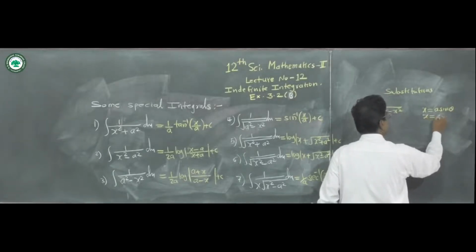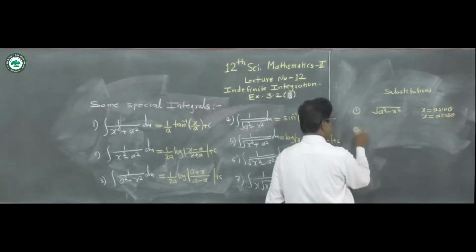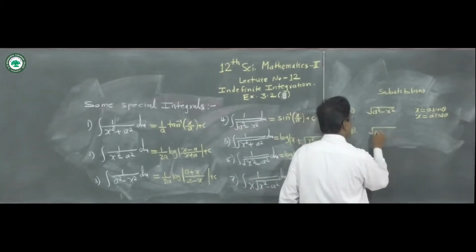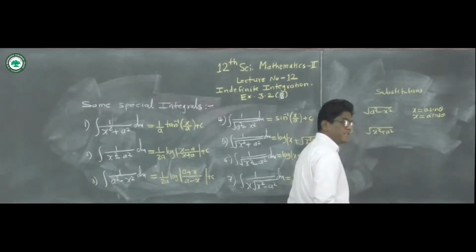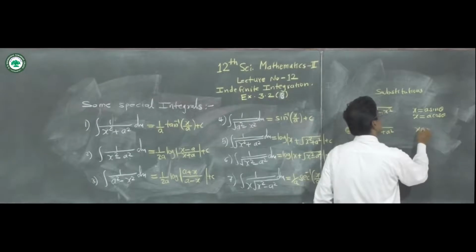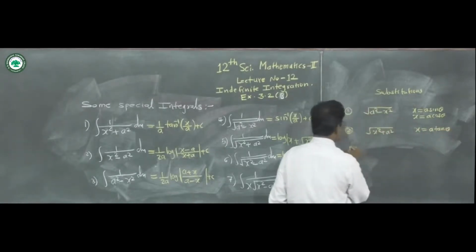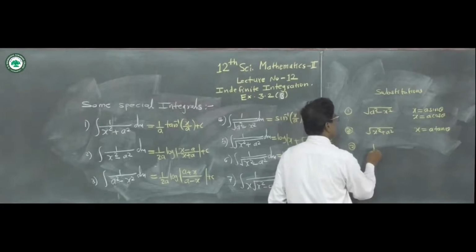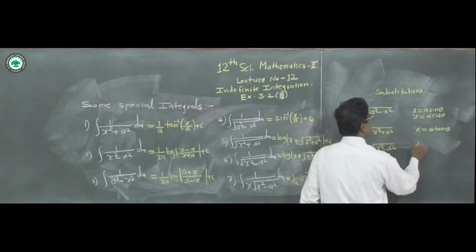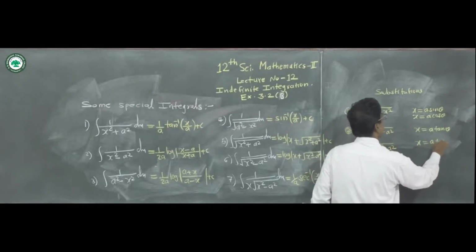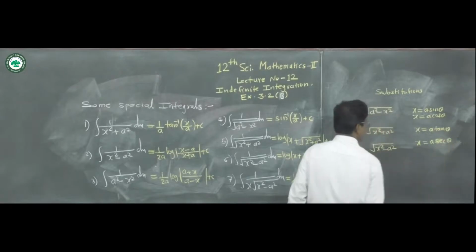Second substitution: when there is root of x square plus a square, then we put x is equal to a tan theta. Third one: when there is root of x square minus a square, then we put x is equal to a sec theta.